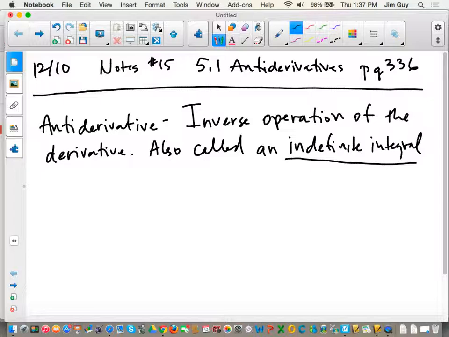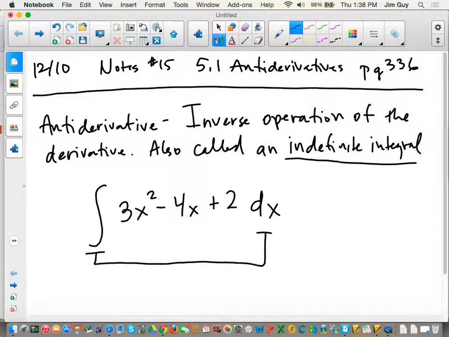So we're just going to think backwards. Now, first of all, the notation. If I want to take an antiderivative or an indefinite integral, it would look like this. The symbol actually consists of two symbols in one. They're like bookends. You have to put them around the expression that you want to take the antiderivative of. So these two symbols, this long skinny s and the dx, together indicate that you want to take the antiderivative of everything in between.